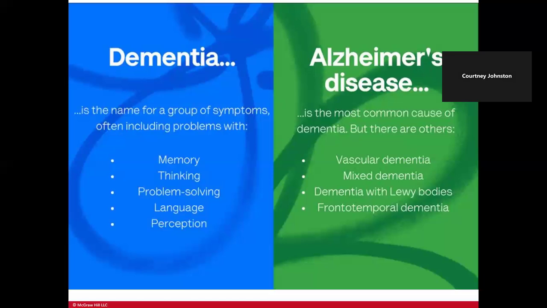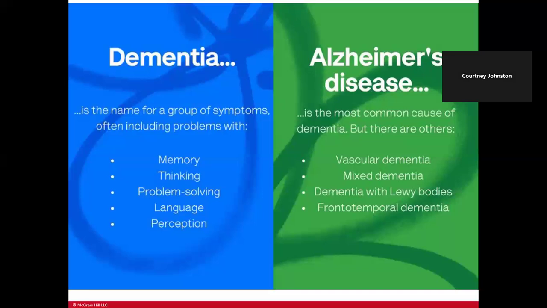And just to get started here, there's a variety of diseases, but we will cover just a few of them. But dementia is going to be a group of symptoms. Okay, so the symptoms related to memory, thinking, problem solving, language, and perception that have declined in ability, and these are going to be caused by these diseases, the most common of which is going to be Alzheimer's disease.